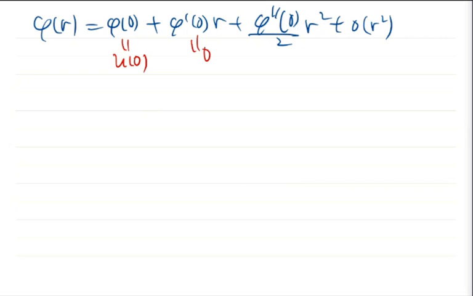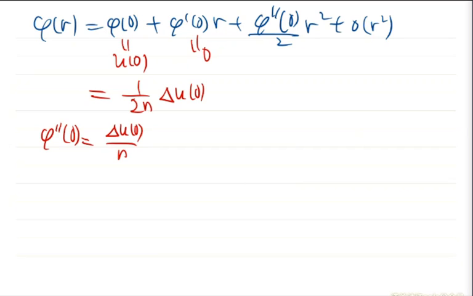So in conclusion, our phi(r) is u(0) plus 1 over 2n Laplacian u(0) r squared plus higher order terms, because phi double prime(0) is Laplacian u over n. This is the expansion of our phi(r). Okay. So this proves our result.